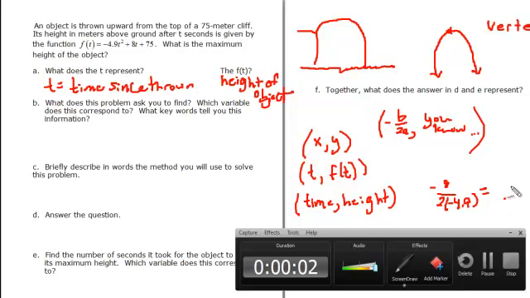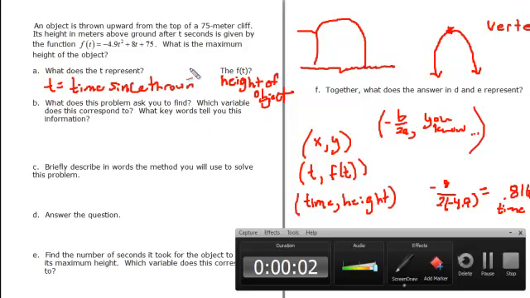So give me a decimal and round it to maybe 2 places. Actually, let's do 3. So I have 0.816. Now that 0.816 represents the x, the t, the time. So 0.816 is a time, and it's the time at this vertex point. So it's the time right here.